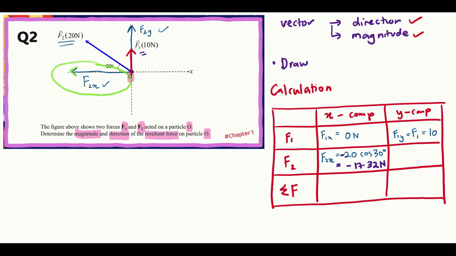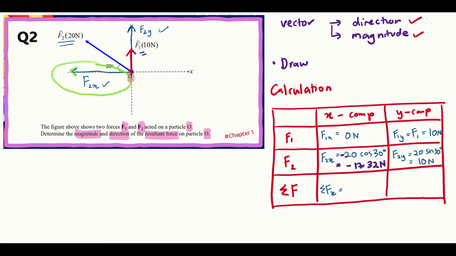As you have calculated the numbers, you can have a check. And your F2y is equal to 20 sin 30. It is directed upward, so it is positive 10 Newton.